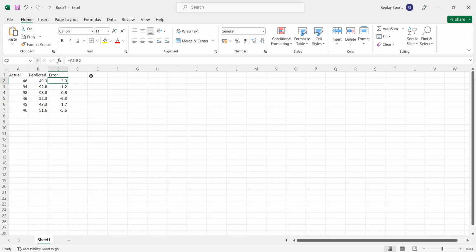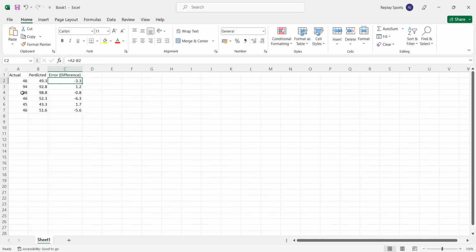The actual value was 46, which is what you expect the model to give you, but you got something different, so that's an error. Here we call this error. Now, this is the error for each row.